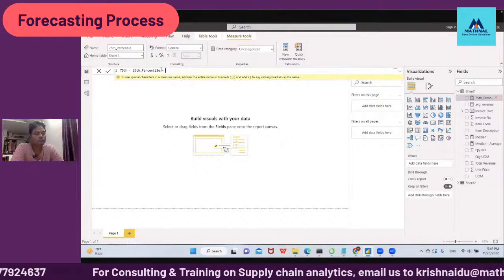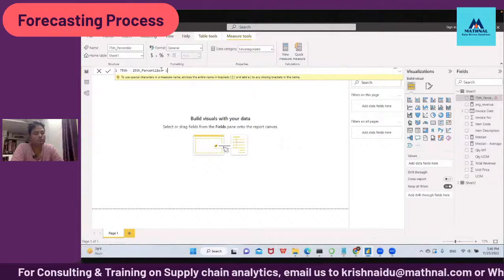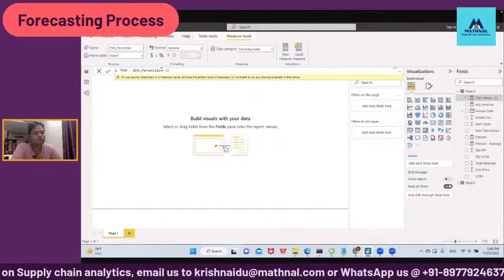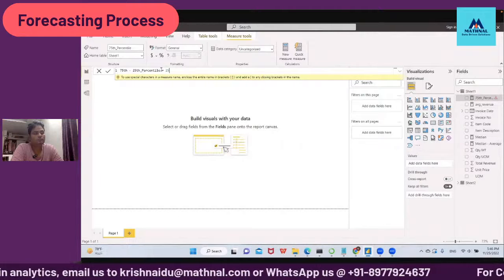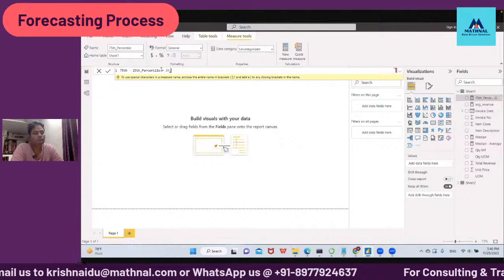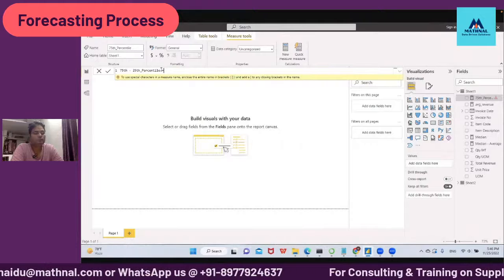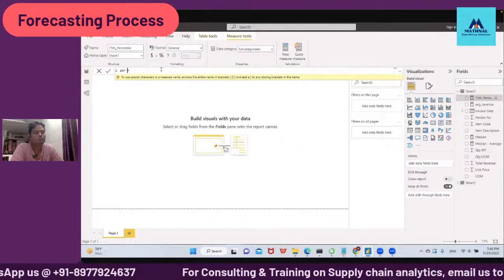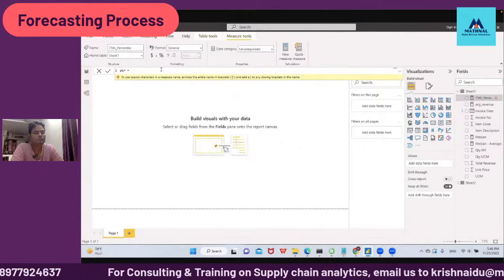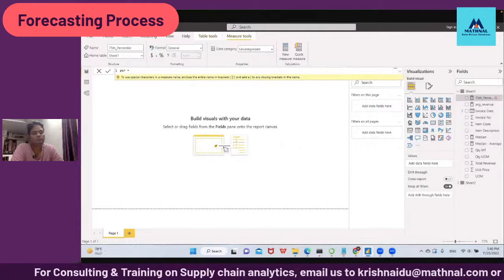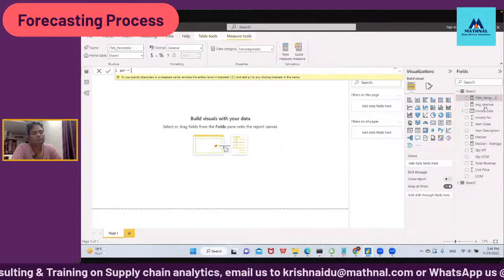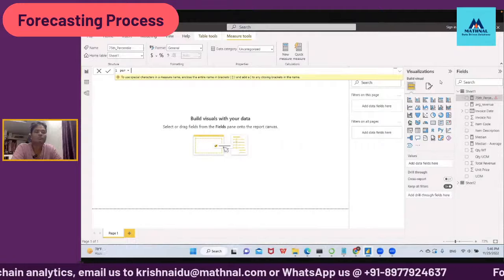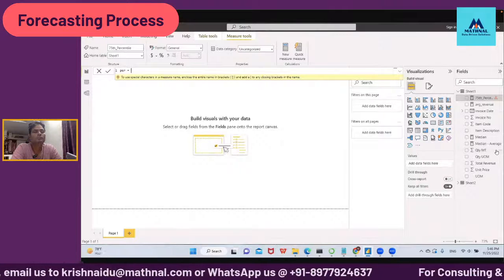It is percentile. But it seems the percentiles that we created for 25th and 75th are not showing inside the field section.